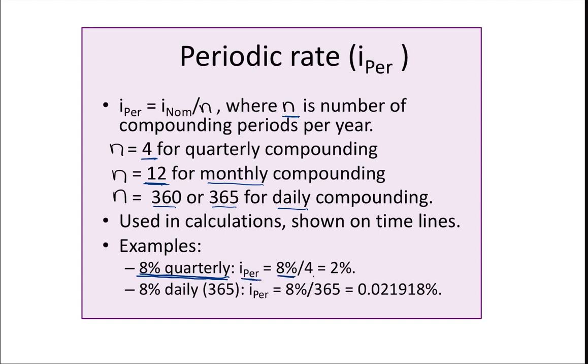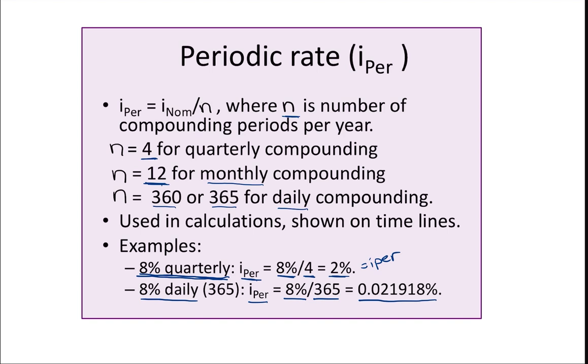Okay, so for example, an 8% quarterly nominal rate, the periodic rate right here would be the 8% divided by 4, which is 2%. So my periodic rate, or my I per, is going to be 2%. An 8% daily, to turn that into our periodic rate, we take our 8%, divide by 365, and then we get our periodic rate, which is 0.021918%.